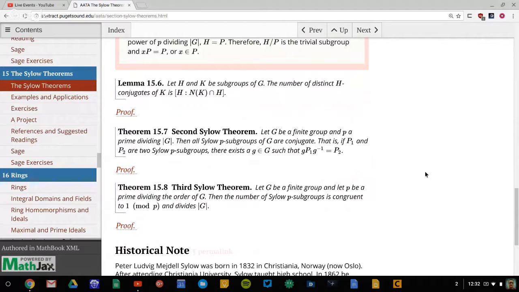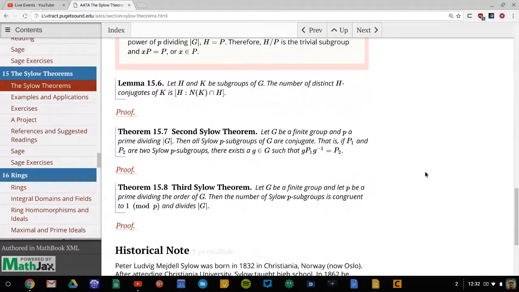So this is the index in the group H of this particular subgroup. The subgroup we're talking about is the normalizer of K. So that's a subgroup of G, consisting of all the elements from G that fix K under conjugation. The intersection of that with the subgroup H and so on.